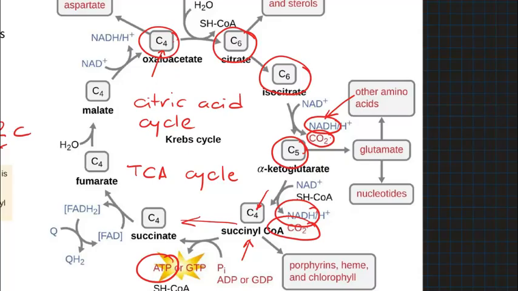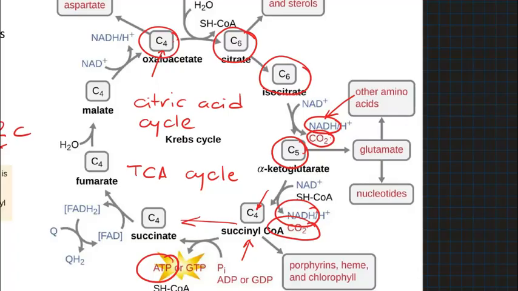Now, let me give you full disclosure in terms of what you need to understand. I'm not going to focus my questions on you memorizing each individual step of the Krebs cycle. I want you to understand, like if I ask you when citrate, 6-carbon, is converted to alpha-ketoglutarate, 5-carbon, what happens to that lost carbon?